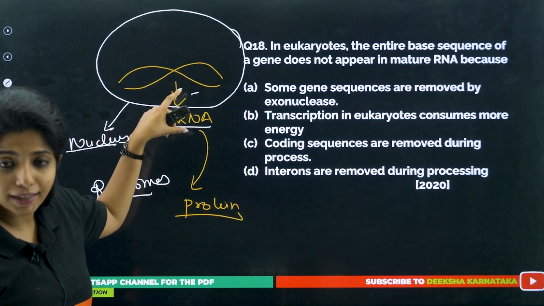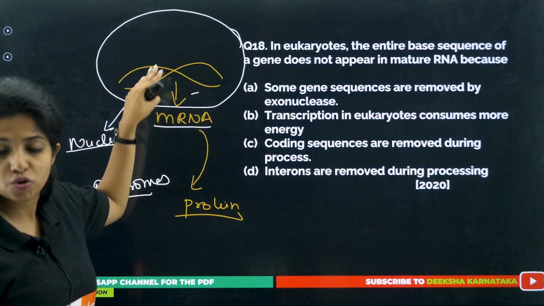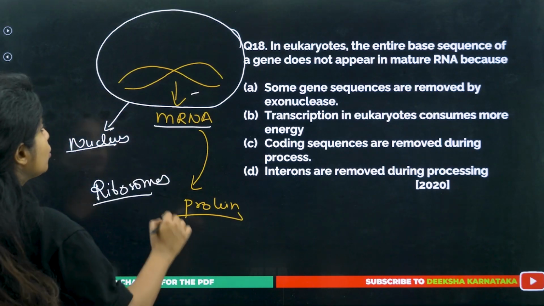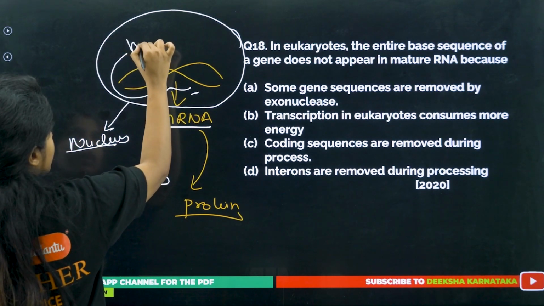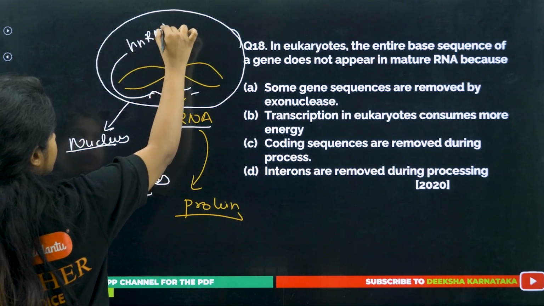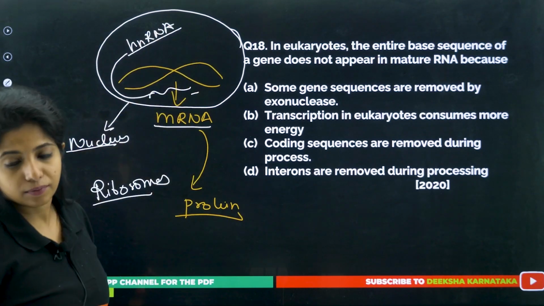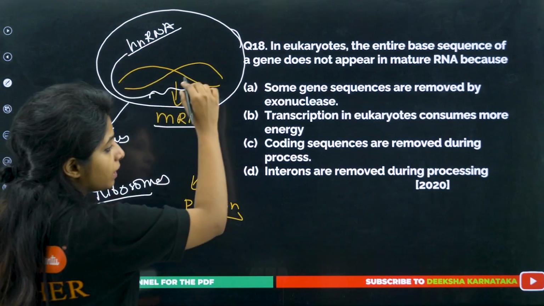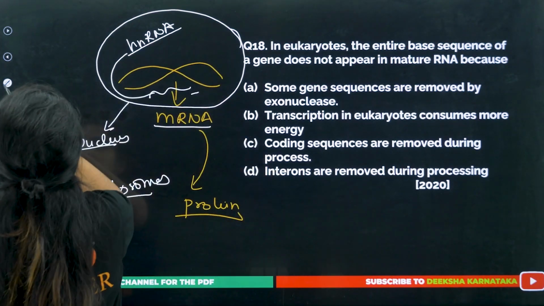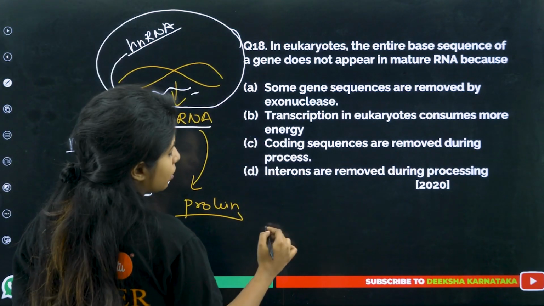But the first thing that you get initially when transcription happens, it's not directly forming mRNA. You call this RNA which is being formed over here as hnRNA, heterogeneous nuclear RNA. So hnRNA, as I said, is the RNA strand which will be just coding over here.